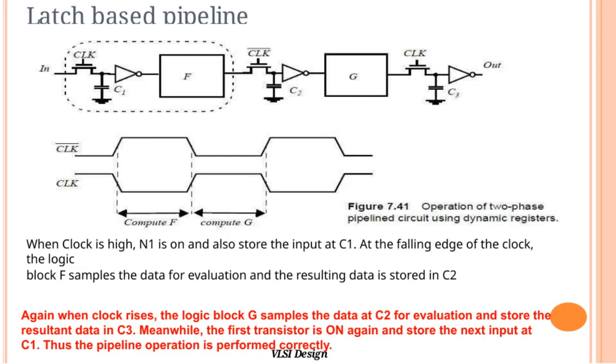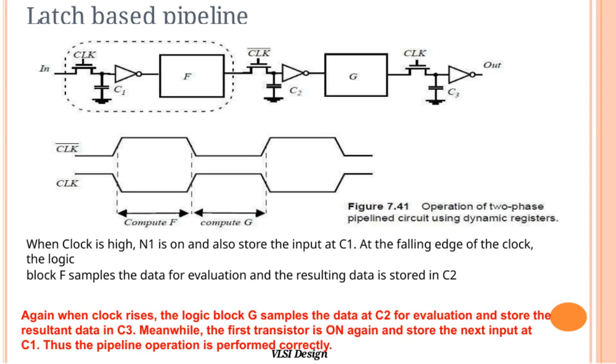Here, we're looking at latch-based pipeline circuits, which are crucial in VLSI design for handling sequential data efficiently. When the clock signal is high, the transistor labeled N1 is turned on, enabling C1 to store the input data. Then, at the falling edge of the clock, the logic block F takes that stored data from C1, processes it, and stores the result in C2.